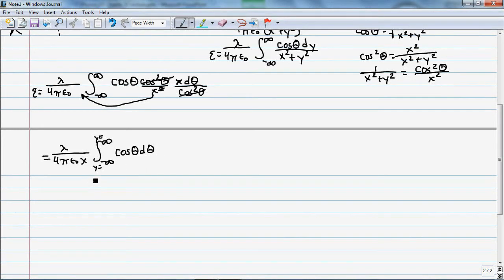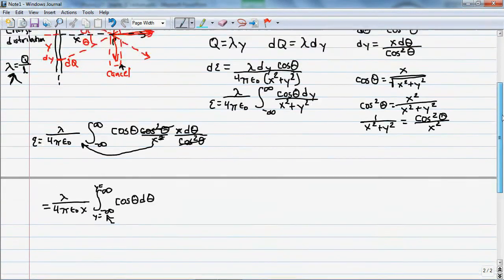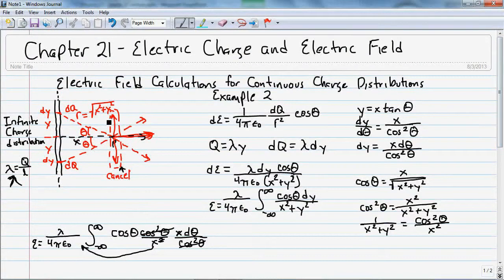So I have to reevaluate these limits based on angle. Well, here's a little theoretical mathematics to think about. If this line is infinite, then the only way that I can integrate at an infinite point is if this angle becomes parallel to this wire at both ends.